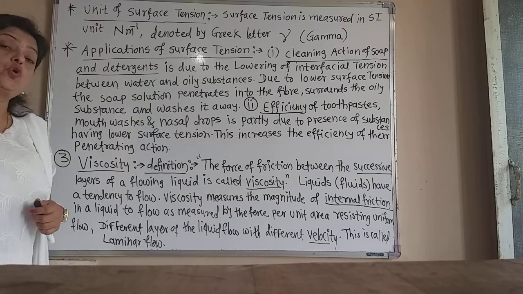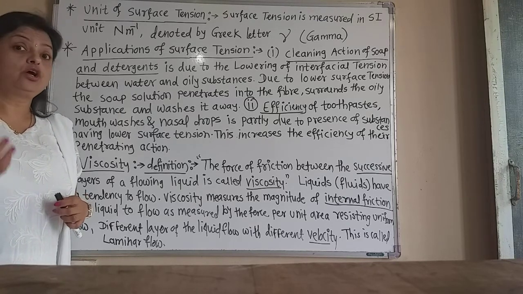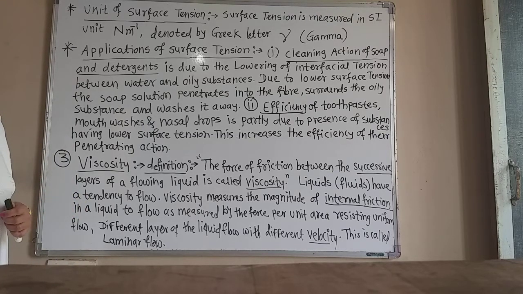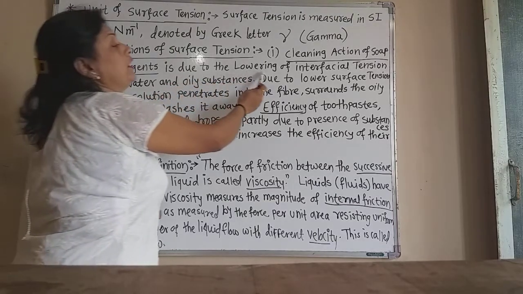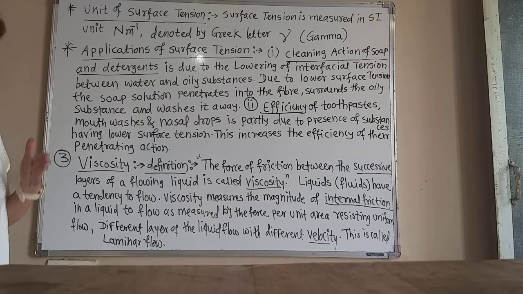Now why do soap and detergents clean oily stains on fabrics? This cleaning action of soap and detergents is due to the surface tension. It is due to the lowering of interfacial tension. The interfacial tension between the water and oil molecules gets lower due to soap and detergents.